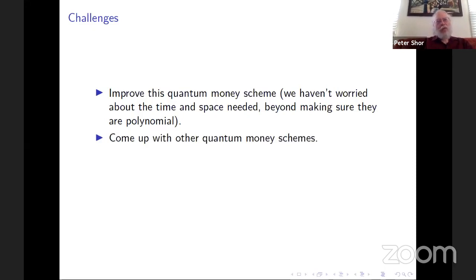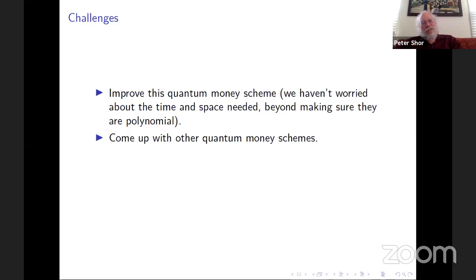Another thing you can do is come up with other quantum money schemes. We have, I think, 3 or 4 quantum money schemes that work right now. And there's zillions of computationally hard problems you can make into cryptographic protocols.